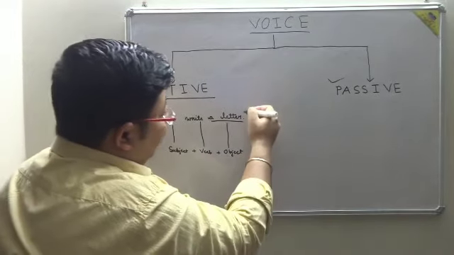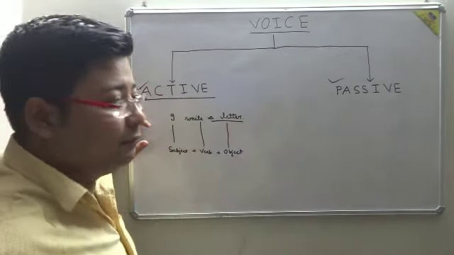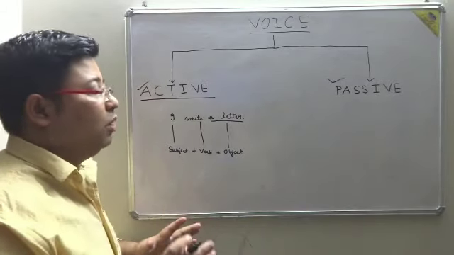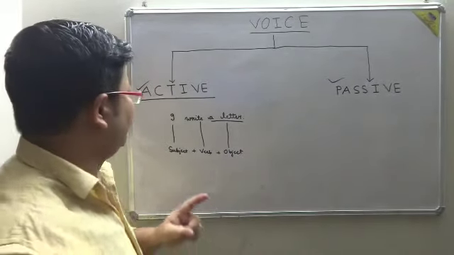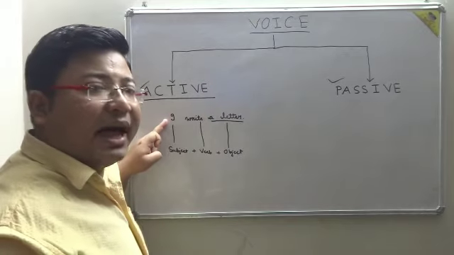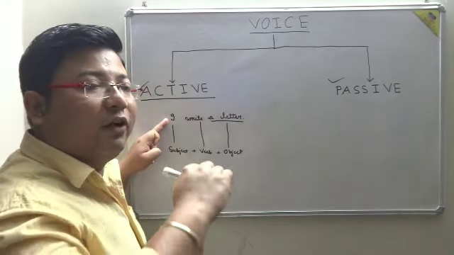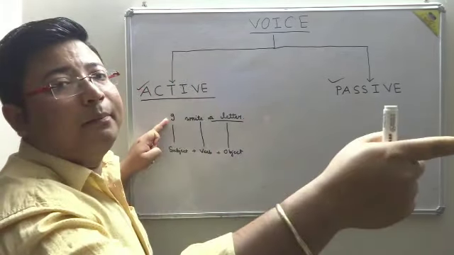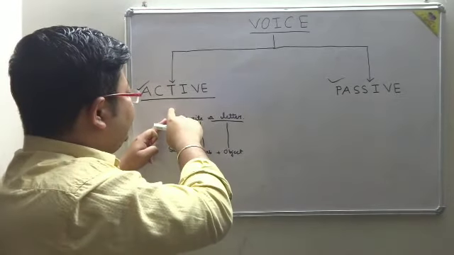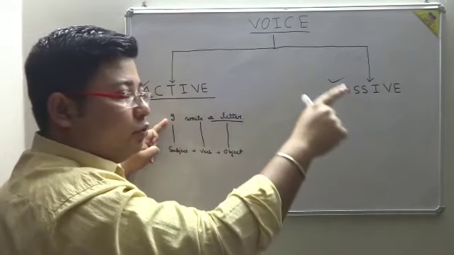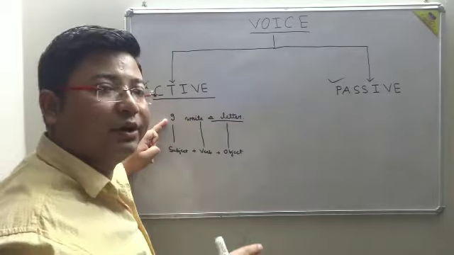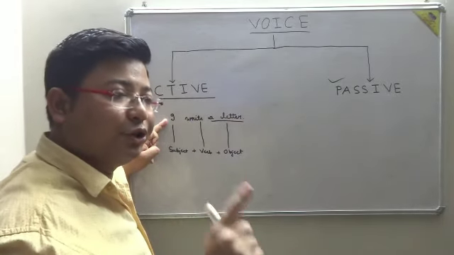Now I'll convert this active voice into passive voice. See, the first rule, always remember the first rule. The subject in the active voice will be converted into object in the passive voice, preceded by a preposition.